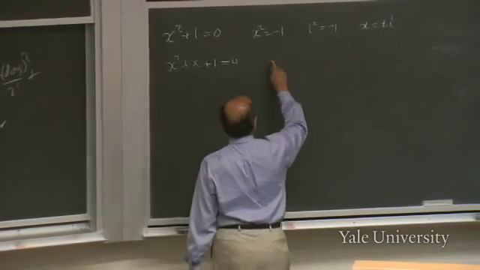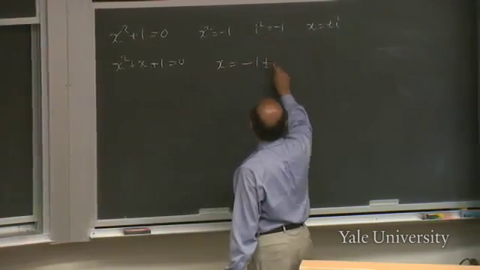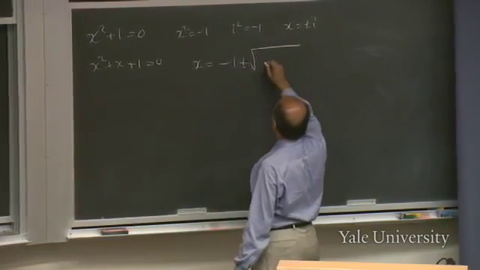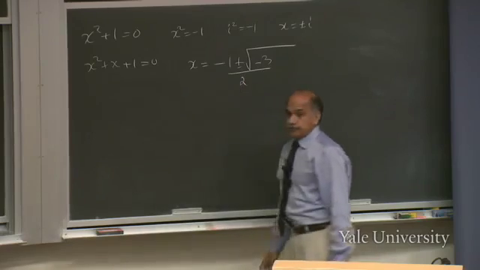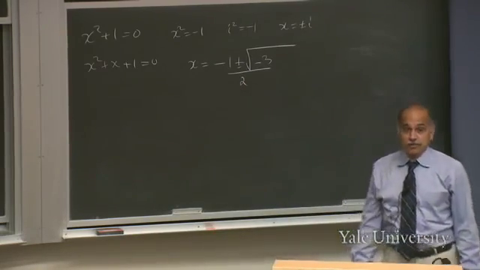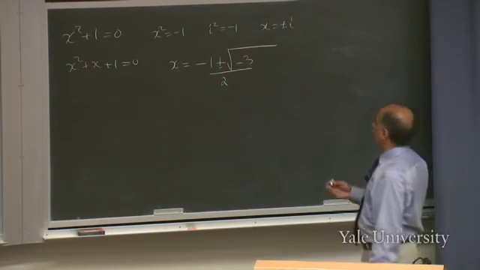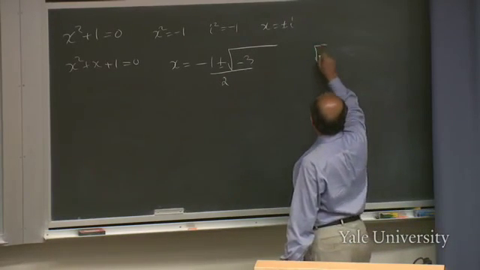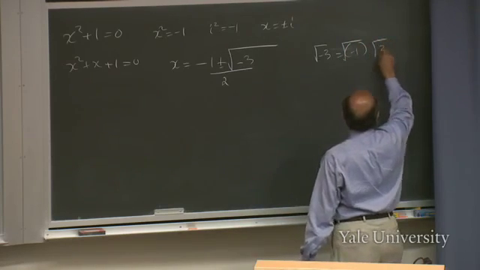So we go back to our good old sandbox days when we knew what the answer for this was. Minus 1 plus or minus the square root of minus 3 over 2. And we already have a problem because we don't know what to do with the square root of minus 3. So we will write it as the square root of minus 1 times the square root of 3.